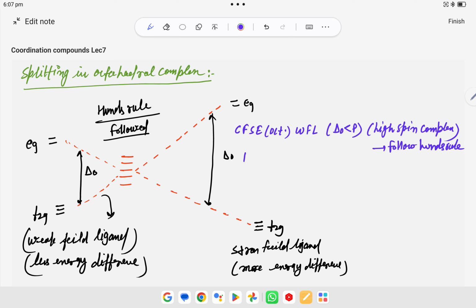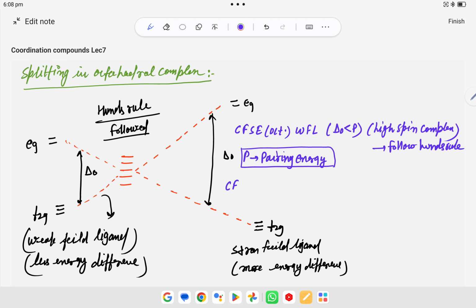P is what? Pairing energy. Pairing energy means the amount of energy required to pair the electron. The amount of energy required to pair the electron, that is called pairing energy.